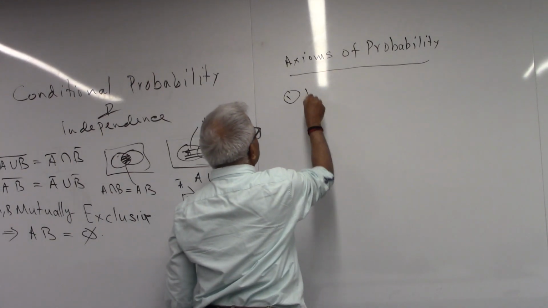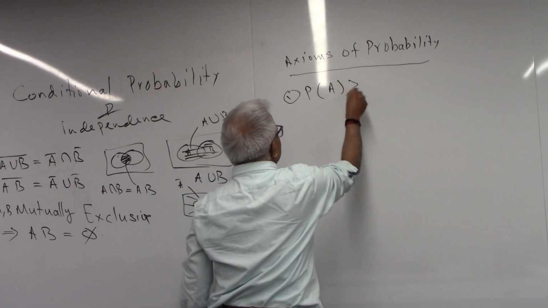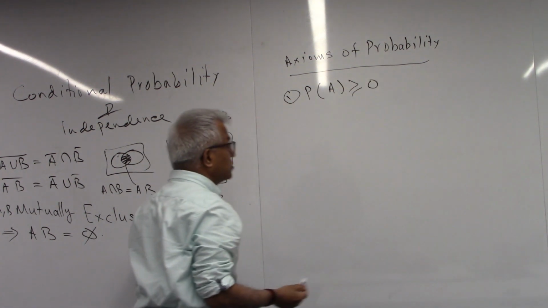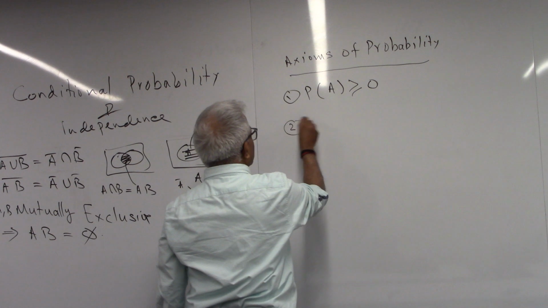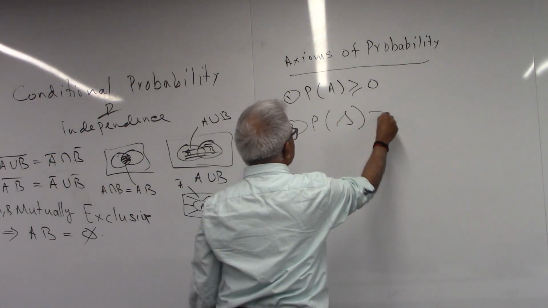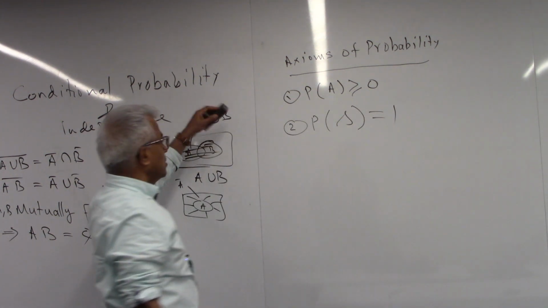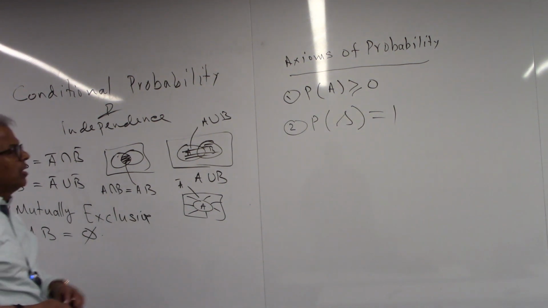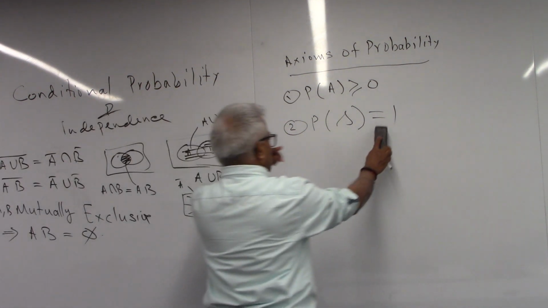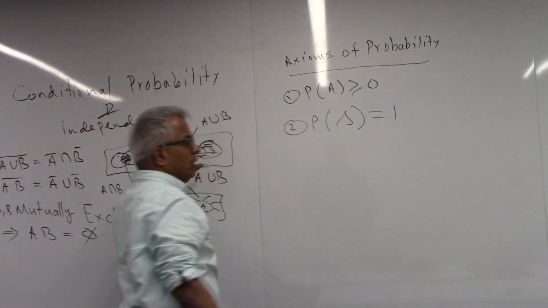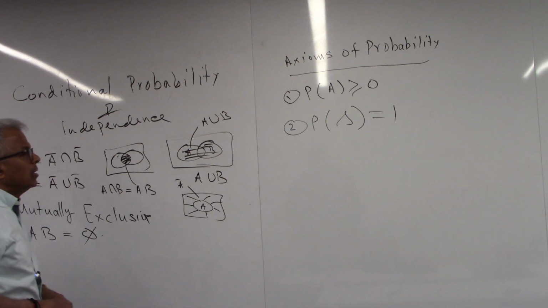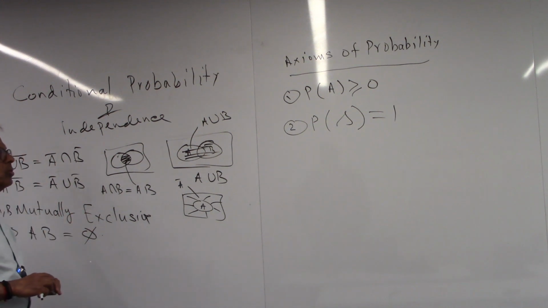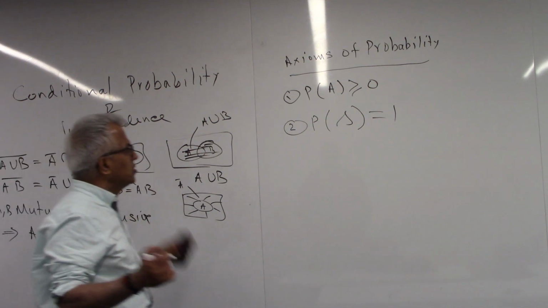The first axiom simply says that the probability of any set is non-negative. That's obvious. And the second axiom says that something must happen. If you perform an experiment, the probability of the whole set is 1. You essentially say that one of the elementary outcomes must happen. So the whole set is 1.